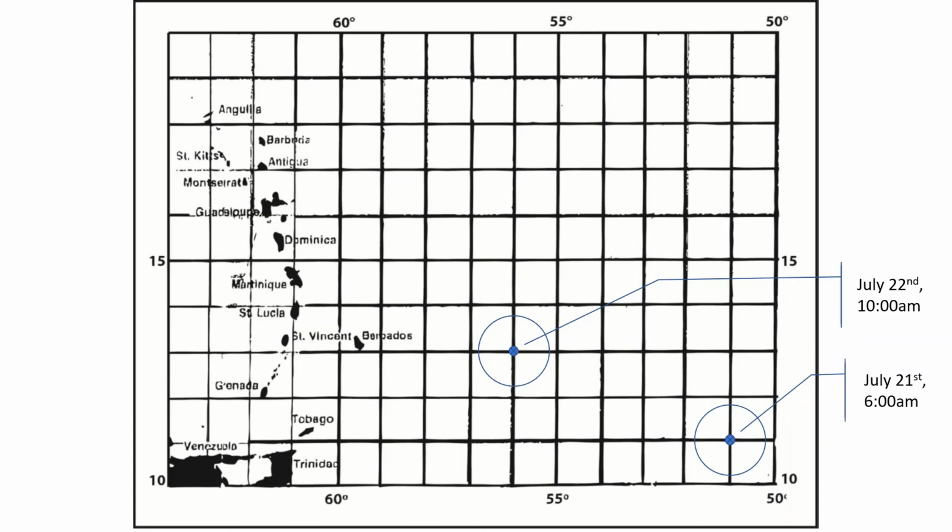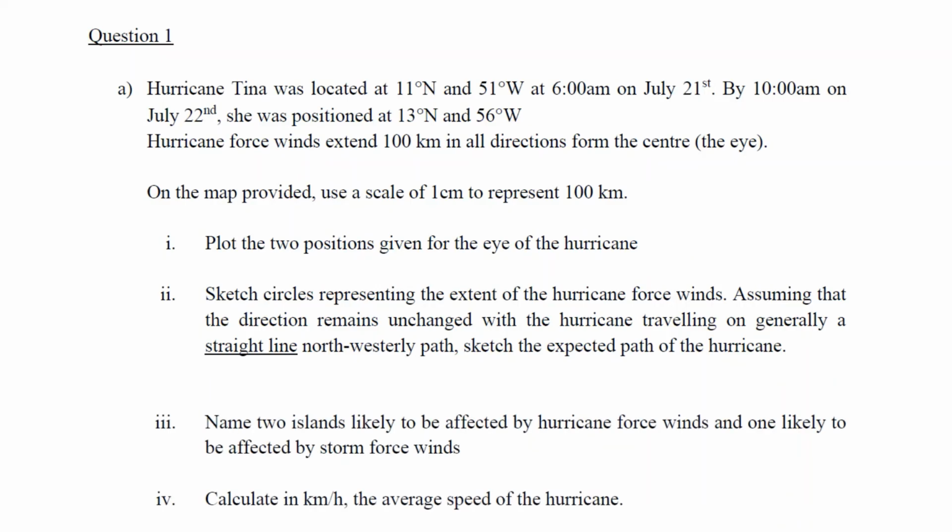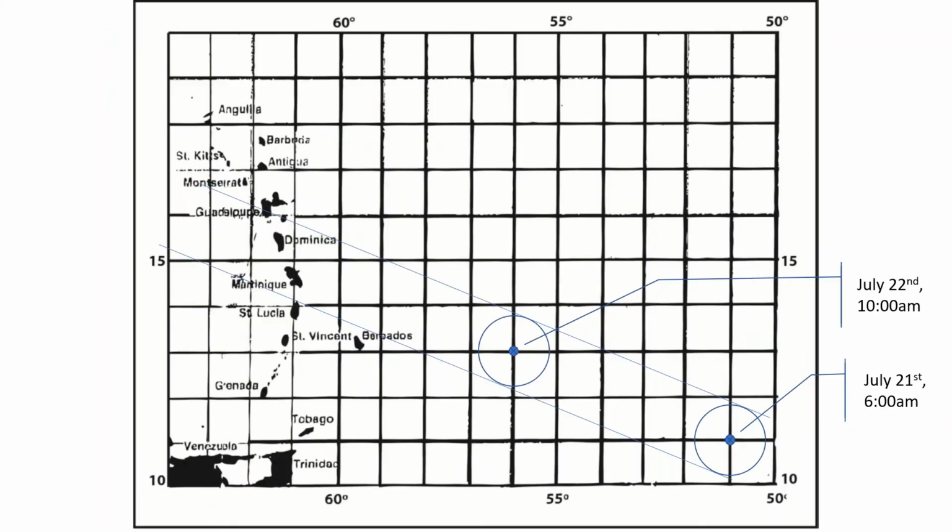We are now asked to identify the countries directly hit by the hurricane and those impacted by stormy conditions. We must also calculate the speed at which this hurricane is traveling. Any land that is between the two path lines that we've drawn will be hit directly by this hurricane, while the territories or the islands on the outskirts of these lines, very close but on the outside, those are the ones who will experience stormy conditions.